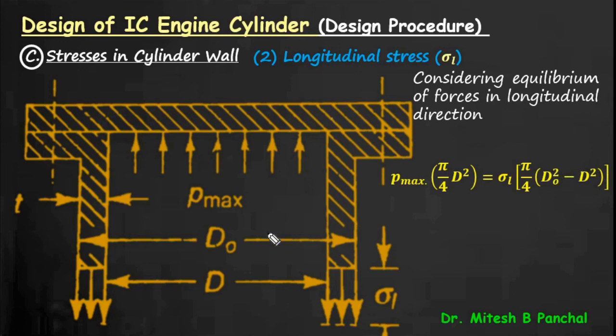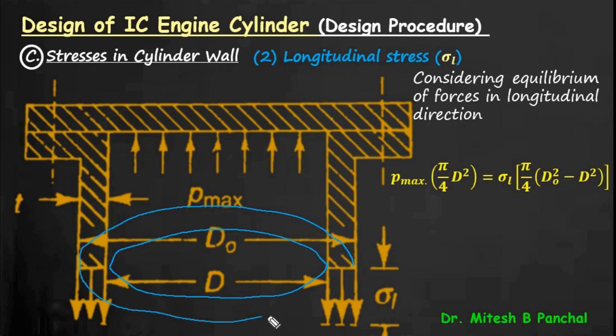Here we know that the inside diameter of the cylinder is the diameter capital D. If you consider the thickness, then the outside diameter is designated as Do.